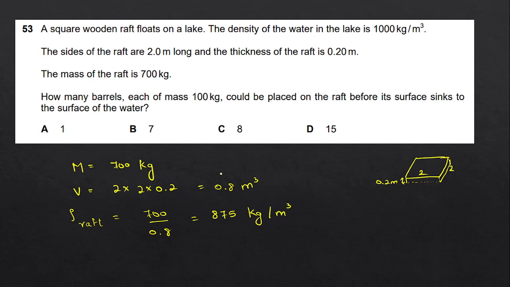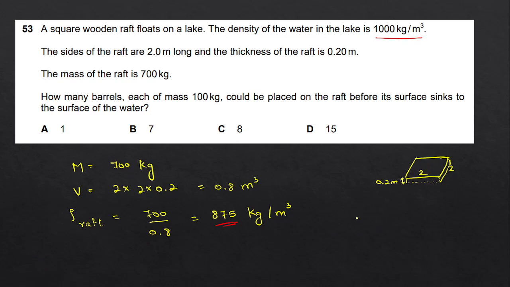Let's look at this. The density of water is 1000 kg per meter cube. The density of the raft is 875 kg per meter cube. Obviously the raft is less dense compared to water, so the raft has to float. If I have to find how much mass can be added onto the raft to make it at surface level with the water, let's look at the mass of the raft.